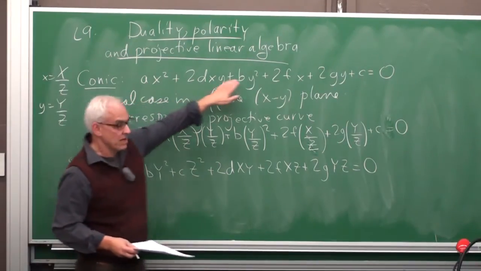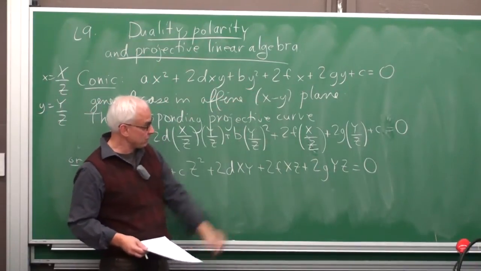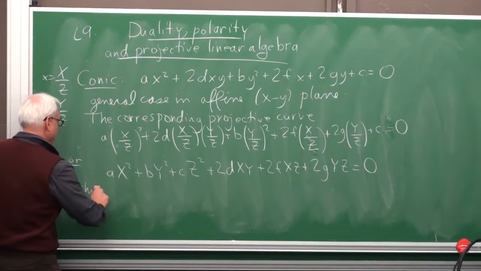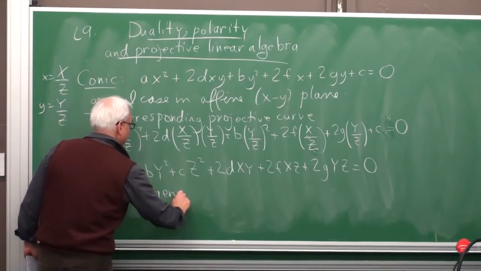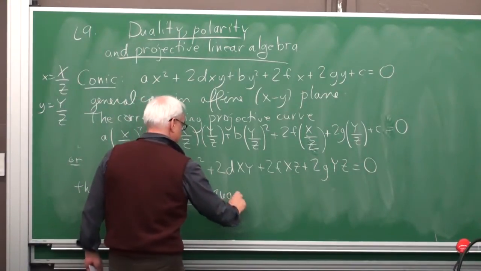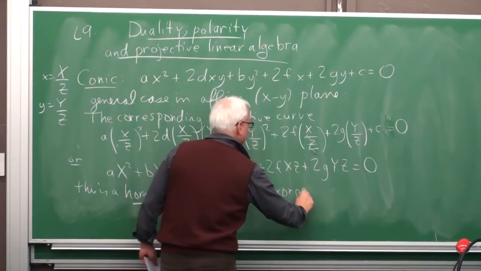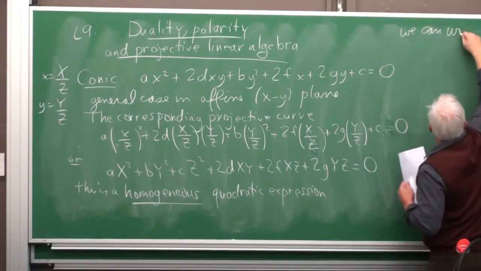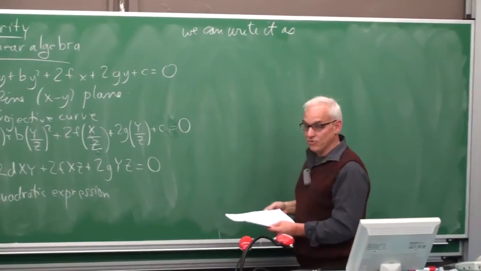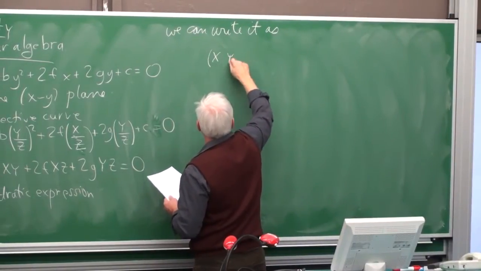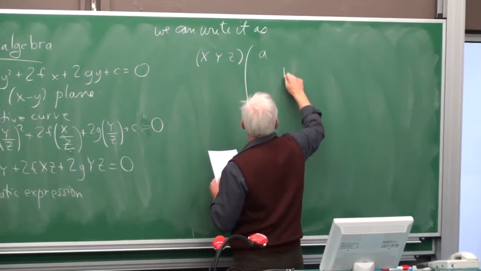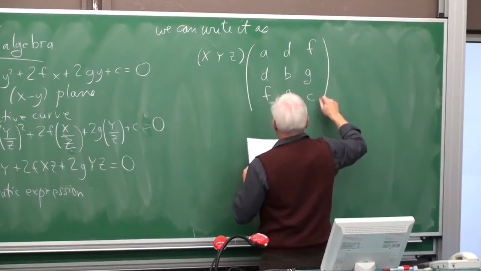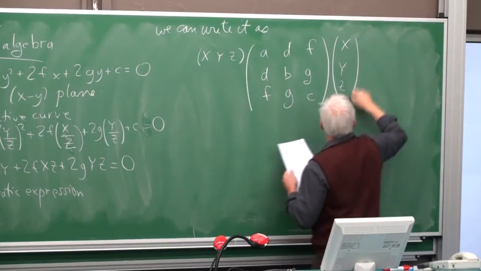Basically each of these terms gets multiplied by an appropriate power of Z to make them all of degree 2. This is a homogeneous quadratic expression, homogeneous meaning that all the terms have the same degree, and it's obviously quadratic. We can write it in matrix form by writing X, Y, Z times the matrix with rows a, d, f; d, b, g; f, g, c, times X, Y, Z equals 0.